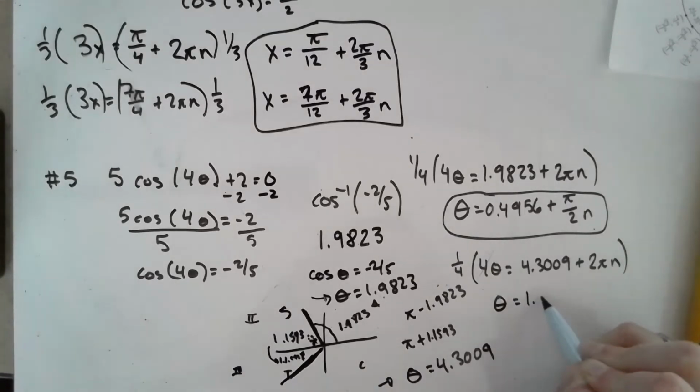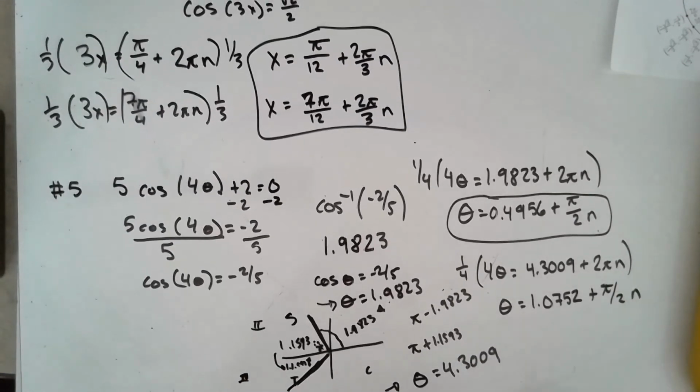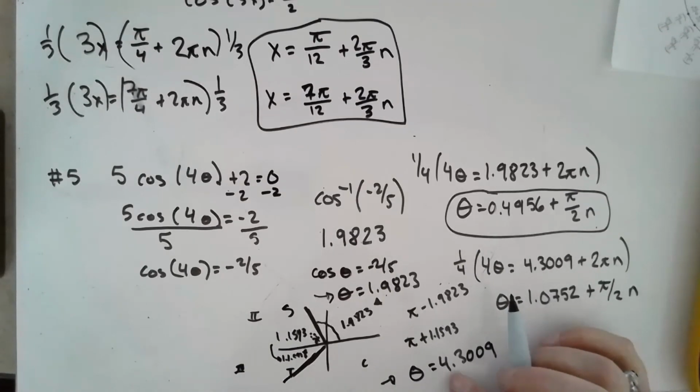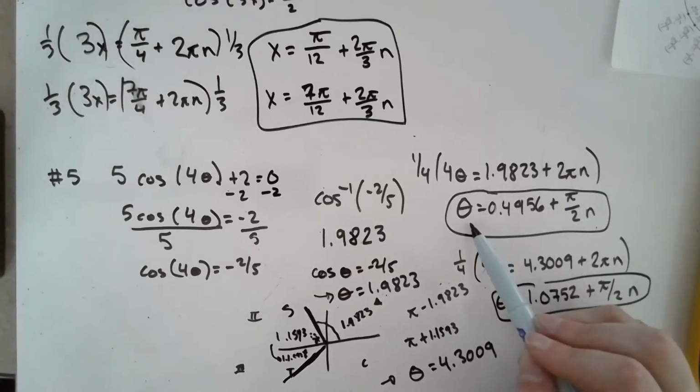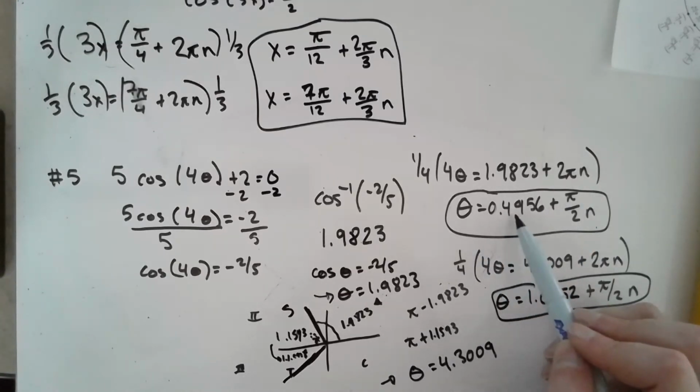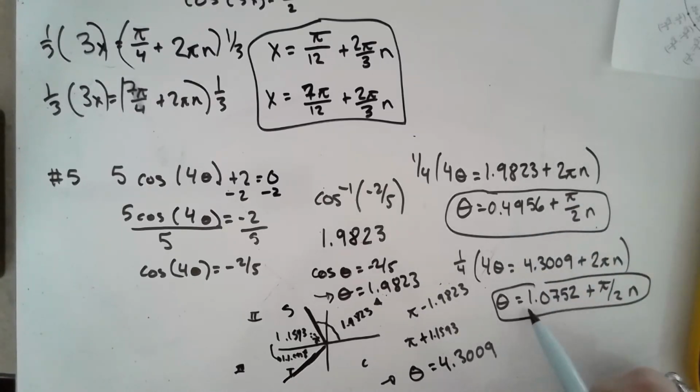We get 1.0752 plus pi halves n. Okay, so we should have our two answers. So theta is going to equal 0.4956 plus pi halves n, and theta equals 1.075 plus pi halves n.